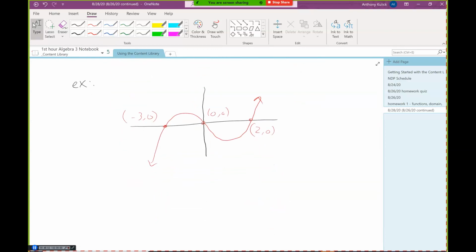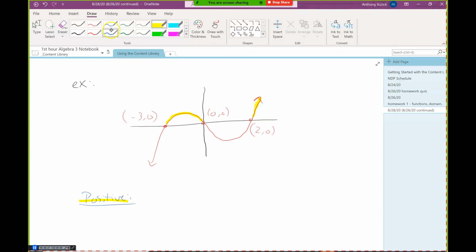Okay, so my first question, let's just look at how many sections of the graph you see that are positive? Remember, positive means above the x-axis. I see two sections of the graph that are positive. I see this section here, and I see this section here. Is everybody okay there?